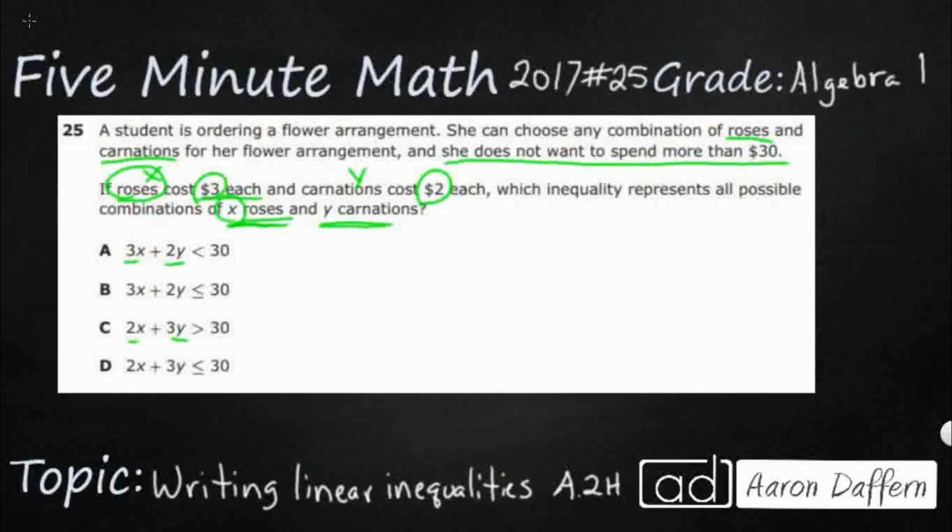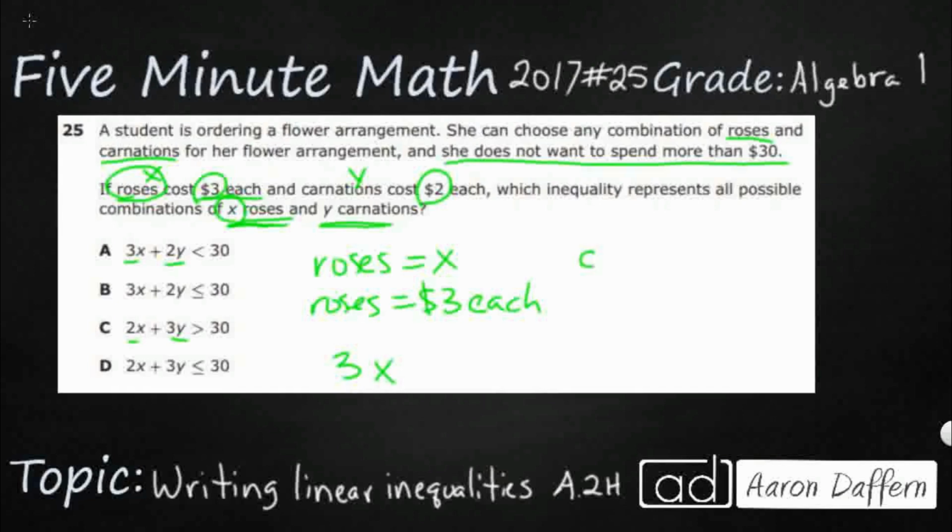So that's as much of a clue as they're going to give you that roses equals X, roses are $3 each. Therefore, if I want to know how much X number of roses cost, I'm going to do 3x. Because this 3 is the cost for each rose, and each rose is represented by X.